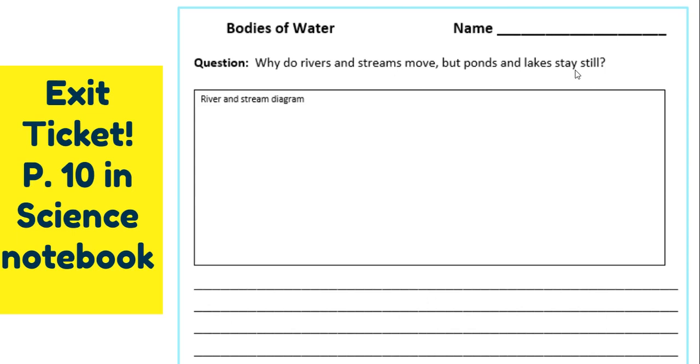You'll see page 10 at the very top of the page. And so I want you to explain to me, why do rivers and streams move, but ponds and lakes stay still? You will also be able to give me a diagram. A diagram is just another word for a nice drawing with labels of a river and stream, and I would also like a diagram of your lakes and ponds.